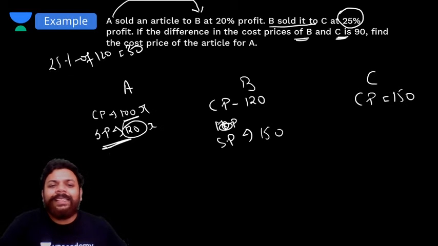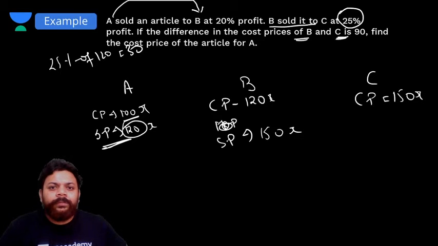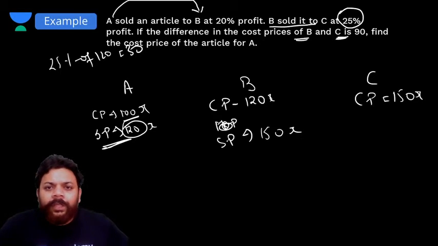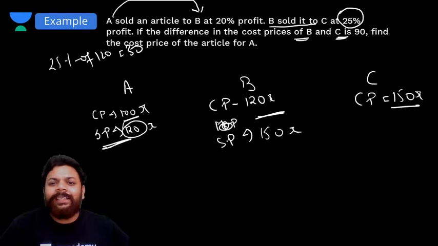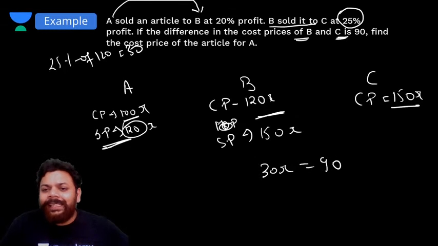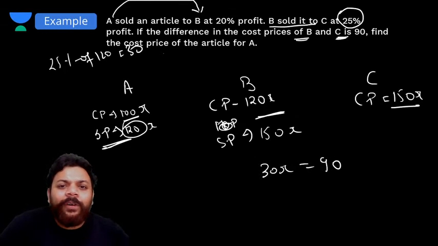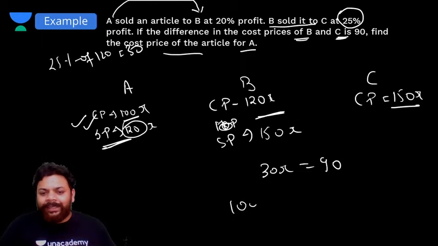So I'll consider x now. If the difference between these two is 90, that means for sure 30x is going to be 90, and you have to find the cost price for A. So the cost price for A is going to be 100x.